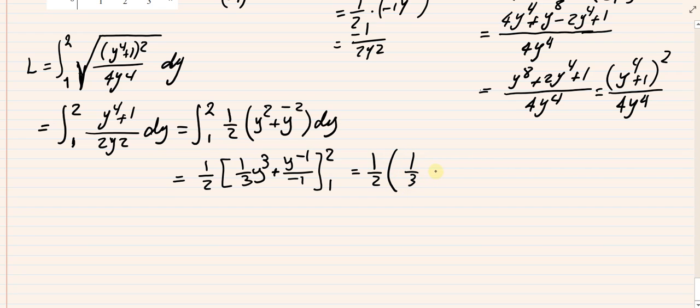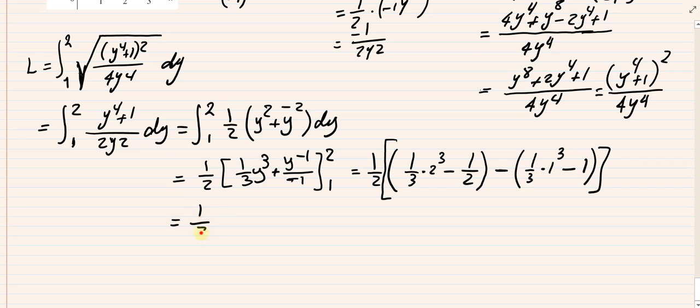It's going to give me 1/3 times 2 cubed, minus 1 over 2. That's the negative, and y to the negative 1 is 1 over y. That's how I got the 1/2, minus the lower limit. It's going to be 1/3 of 1 cubed minus 1 over 1, which is 1.